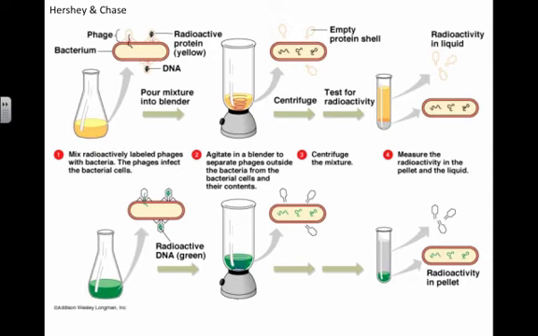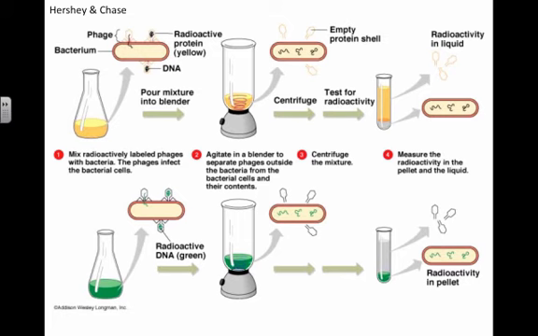And so what they did was figure out a way to label the DNA and label the protein, reasoning that if you can figure out what gets inside the bacteria, causing it to change from a normal bacteria to a virus production factory, that you could figure out what the genetic material was. And so in one mix they used radioactive sulfur, and in another mix they used radioactive phosphorus or phosphate.